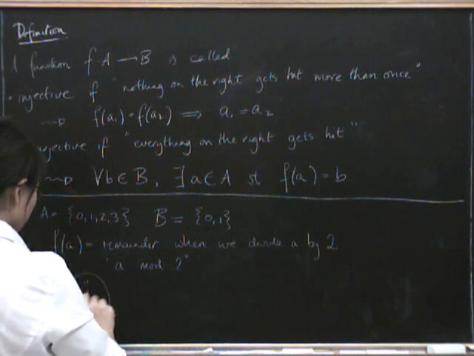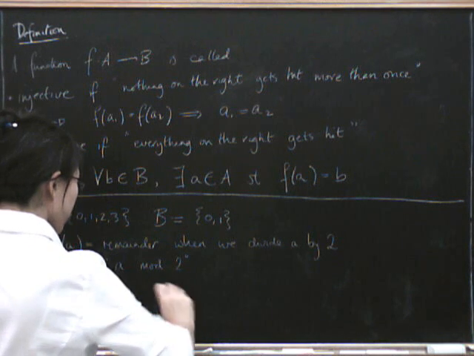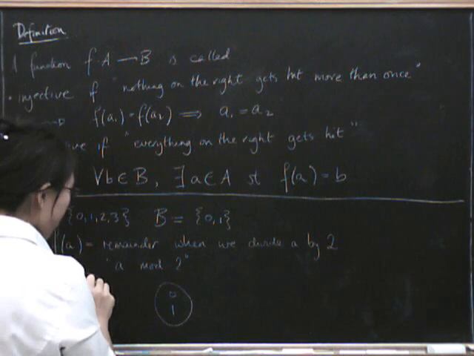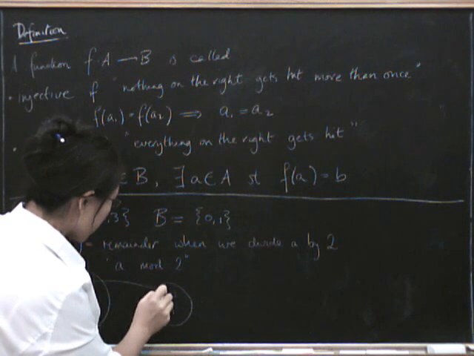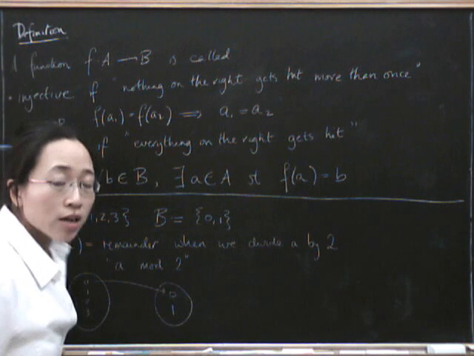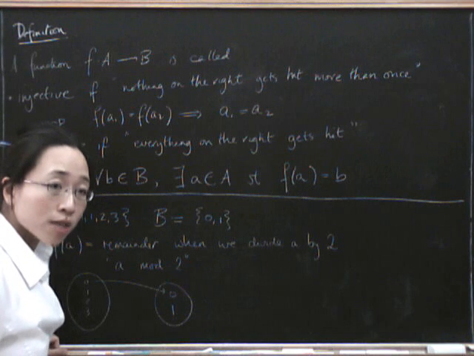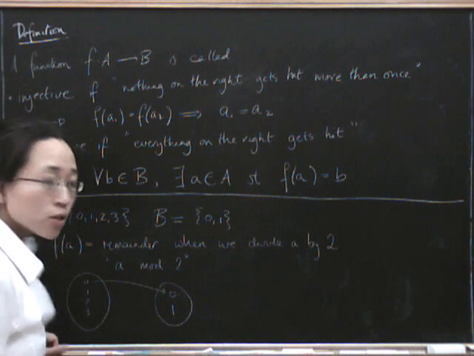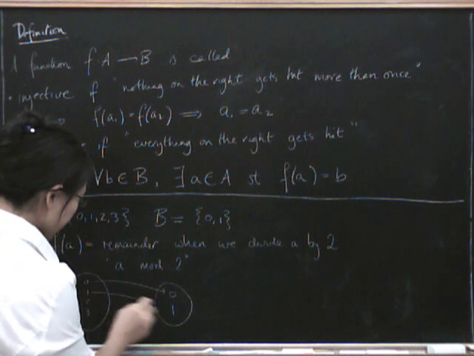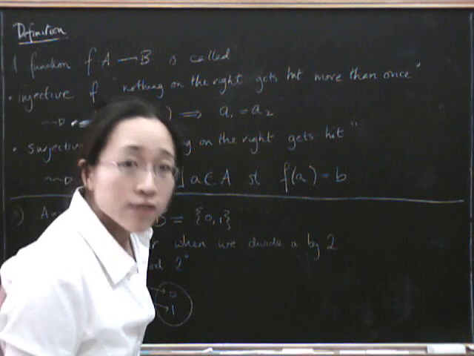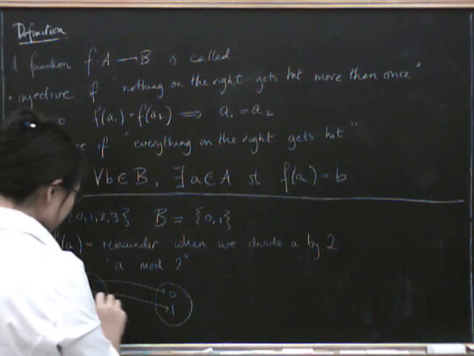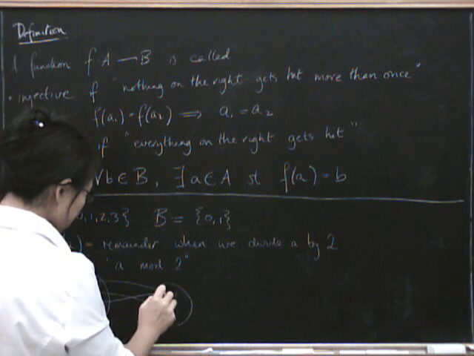And the point is that if we look at where 0, 1, 2, and 3 go, then 0, if we divide it by 2, it goes exactly, so there's no remainder, so 0 goes to 0. Whereas 1, if we take that mod 2, we get 1, because the remainder, if we try to divide it by 2, is 1, because it doesn't go exactly. Now 2 is divisible by 2, obviously, so the remainder at that time is 0.